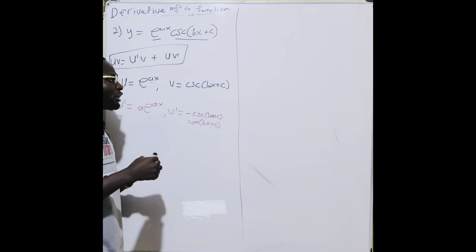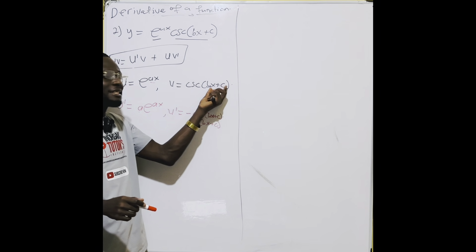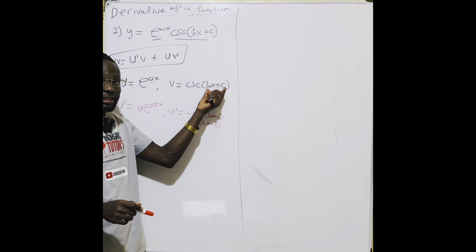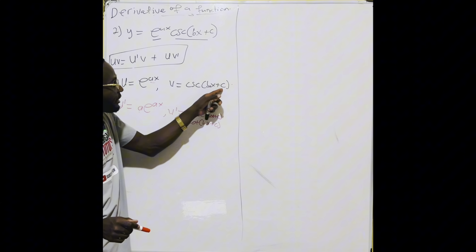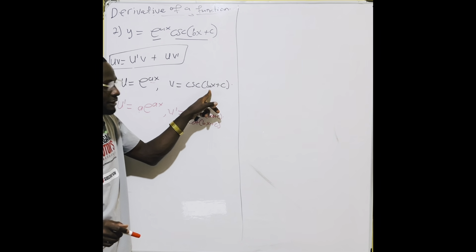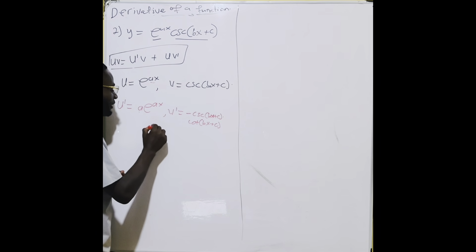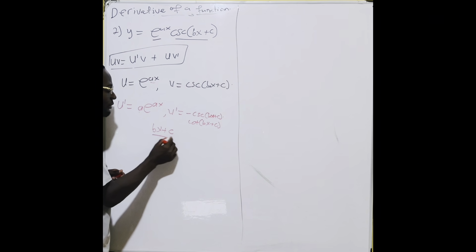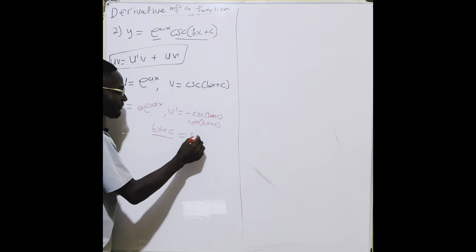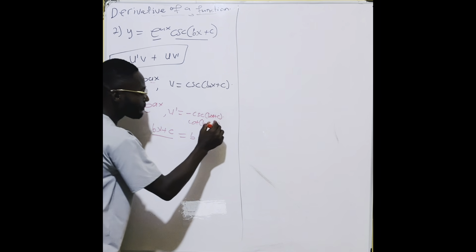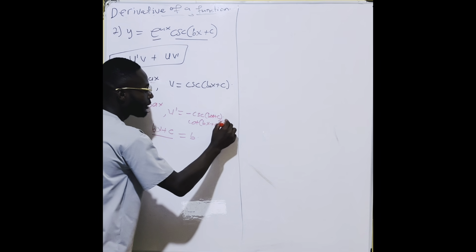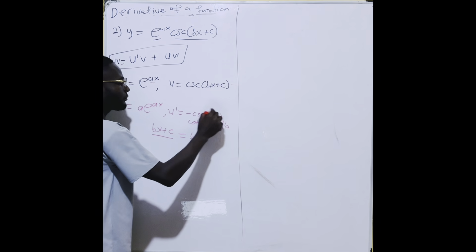Then you differentiate the function inside the cosec, right? So we are going to differentiate this function with respect to x. And you know that if you differentiate bx plus c with respect to x, then you're going to have b, right? So you multiply all this function by b.